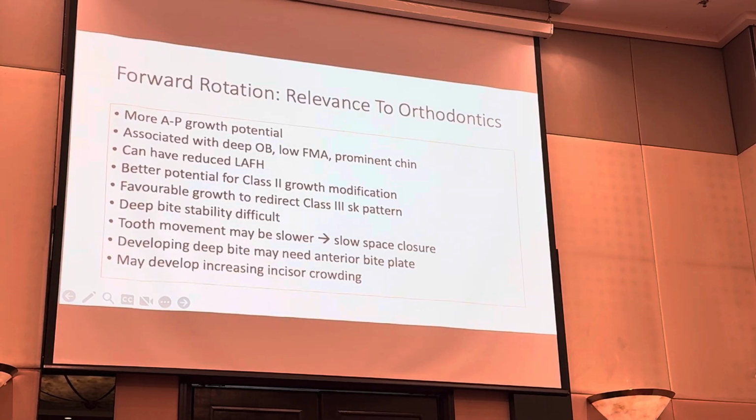Right. So what is the relevance of growth rotation and why is it so important for us in orthodontics? It helps us with growth potential. If we have a forward growth rotation type of face, it helps us with anterior-posterior correction. For example, if you have a patient who is maybe 12, a boy, still growing, and we can identify that this patient is a forward growth rotator, you will be able to see cases where you have, wow, 6 mm, 8 mm overjet, non-extraction.